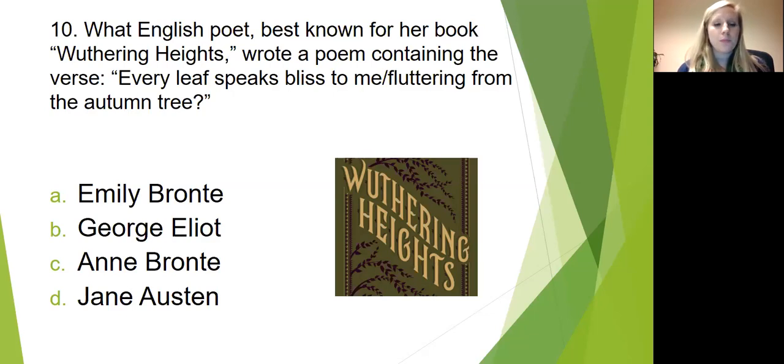What English poet, best known for her book Wuthering Heights, wrote a poem containing the verse, "Every leaf speaks bliss to me, fluttering from the autumn tree"? Was it A, Emily Bronte, B, George Eliot, C, Anne Bronte, or D, Jane Austen?